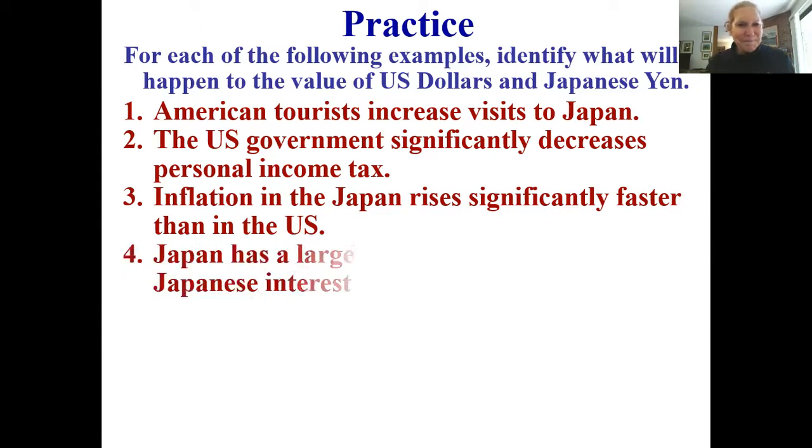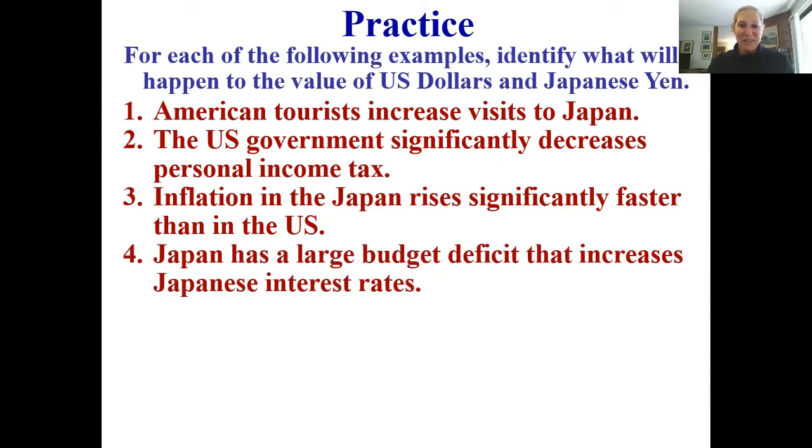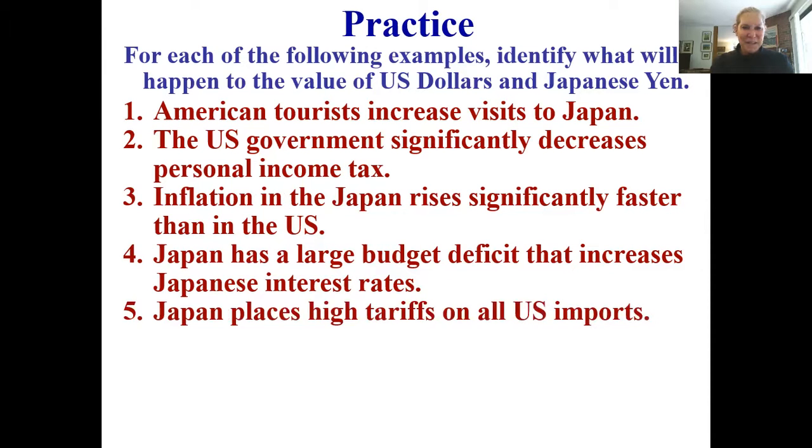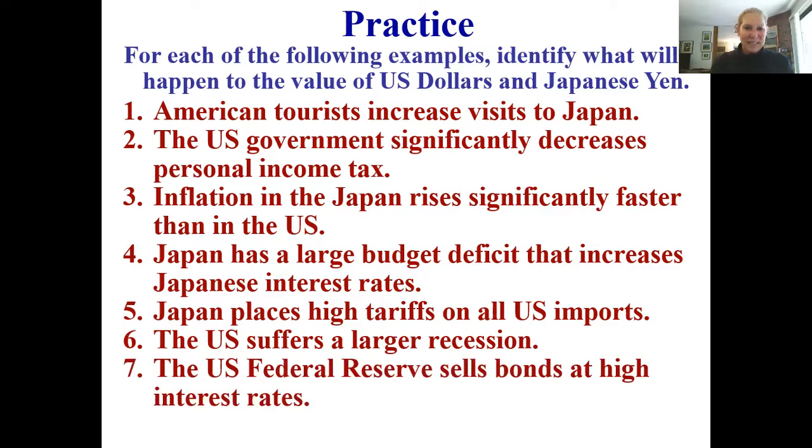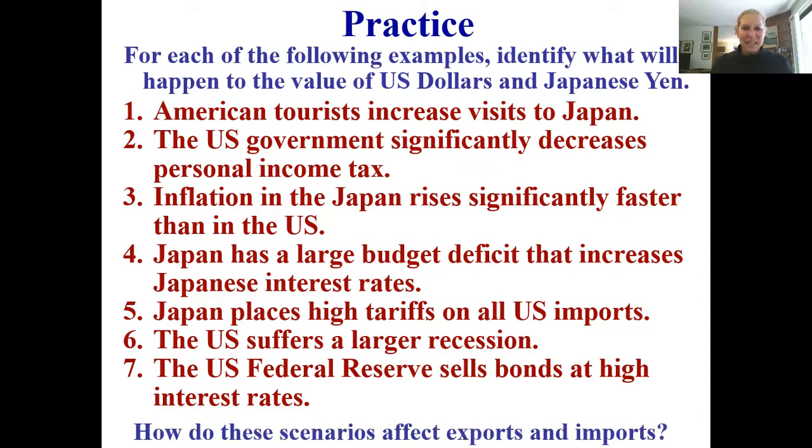Four, Japan has a large budget deficit that increases Japanese interest rates. Five, Japan places high tariffs on all US imports. Six, the US suffers a larger recession. Seven, the US Federal Reserve sells bonds at high interest rates. How do these scenarios affect exports and imports?